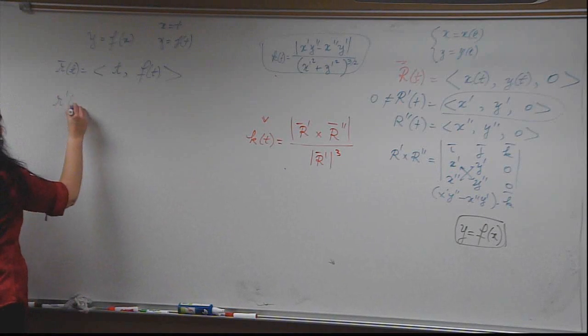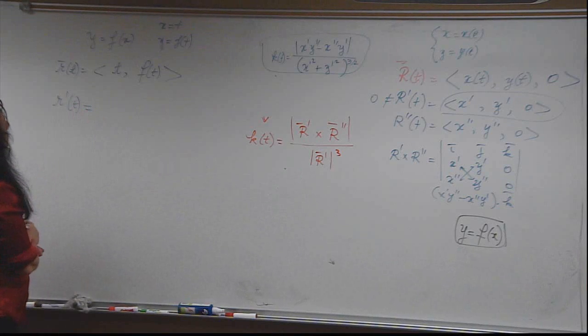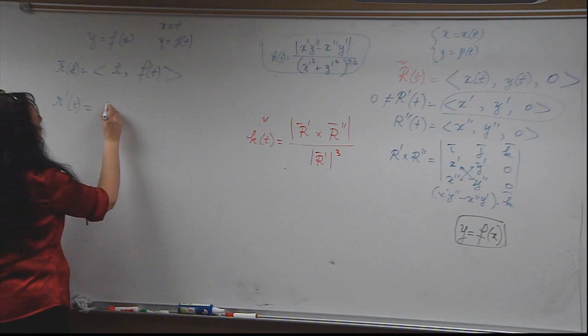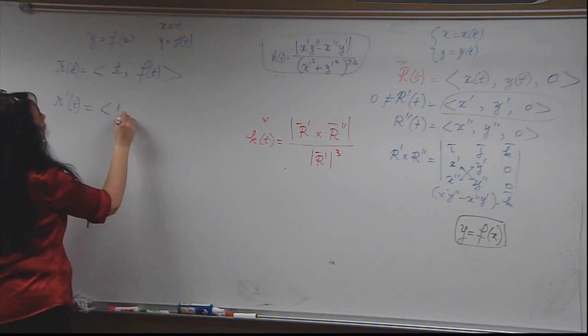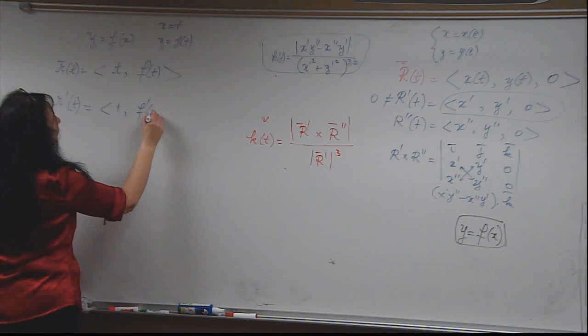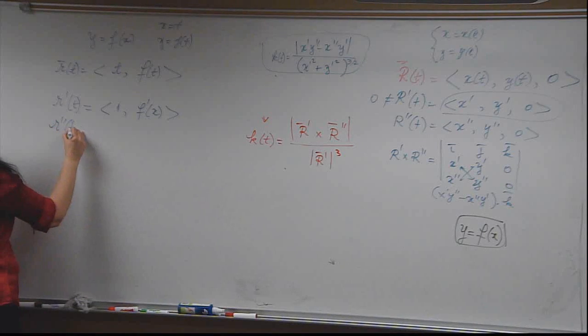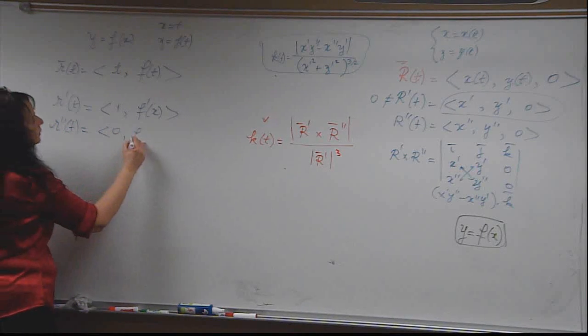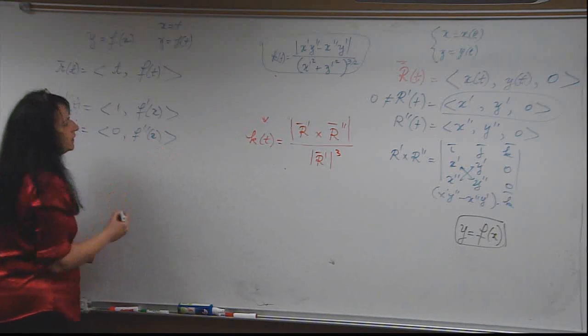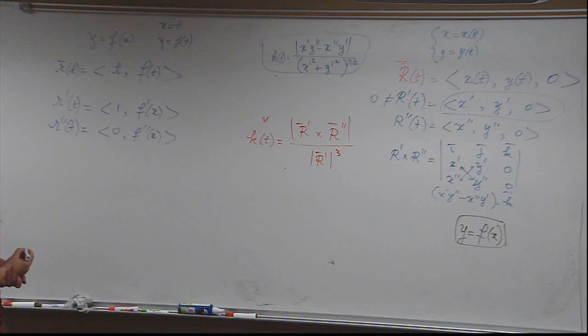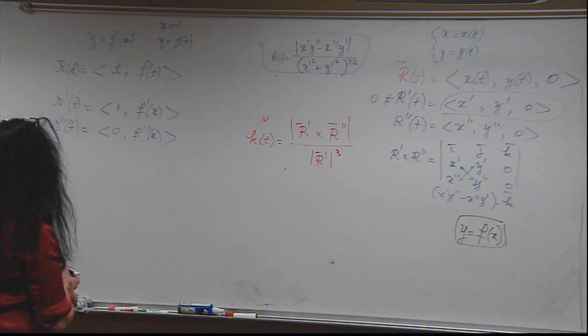R prime of t will be 1, f prime of t, but instead of t I'll put x because x is t, I don't care. R double prime of t will be 0, f double prime of x. So I feel that I know what's going to come up, and we are ready to write it down.